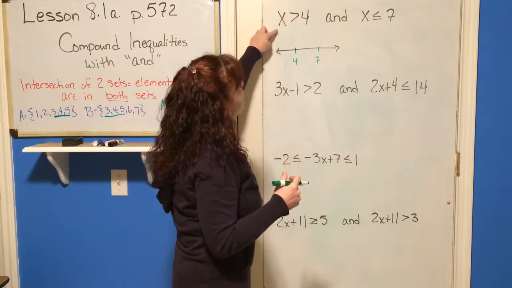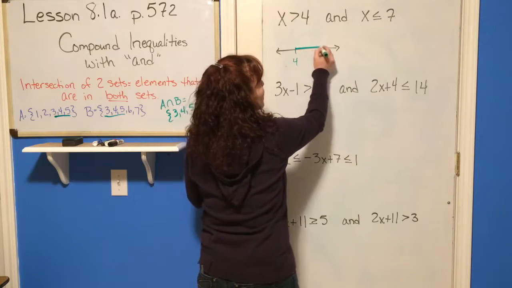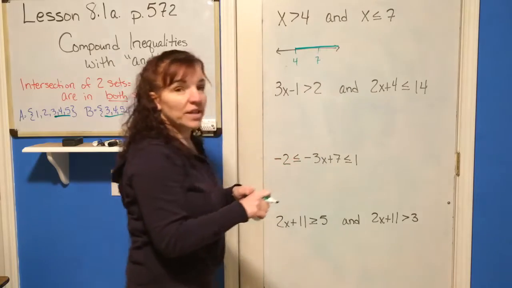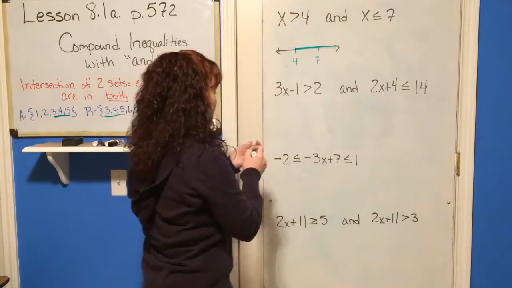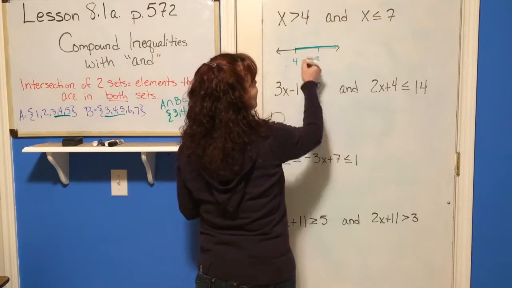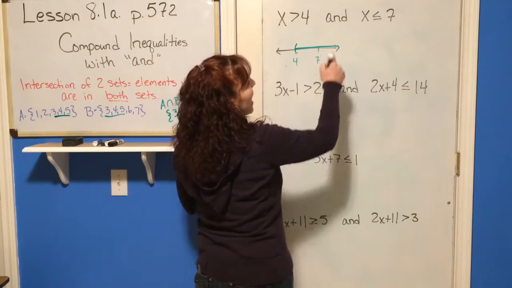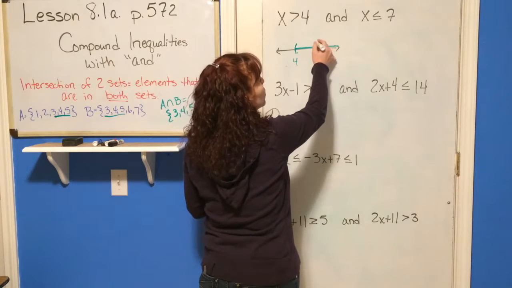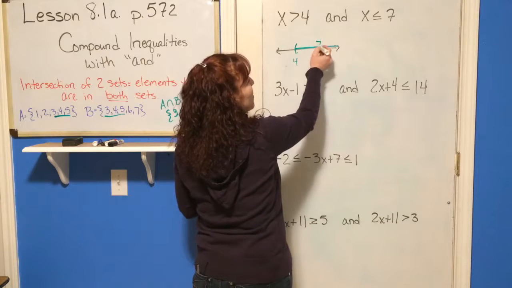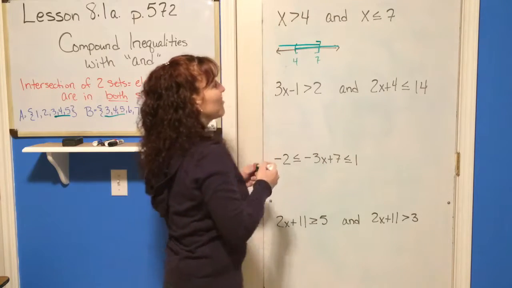So if x is greater than 4, that means that anything to the right of 4 is included in this graph. And if x is less than or equal to 7, and now this is not equal to, so we have a curved line. If x is less than or equal to 7, that means that starting at 7, we go everything to the left.